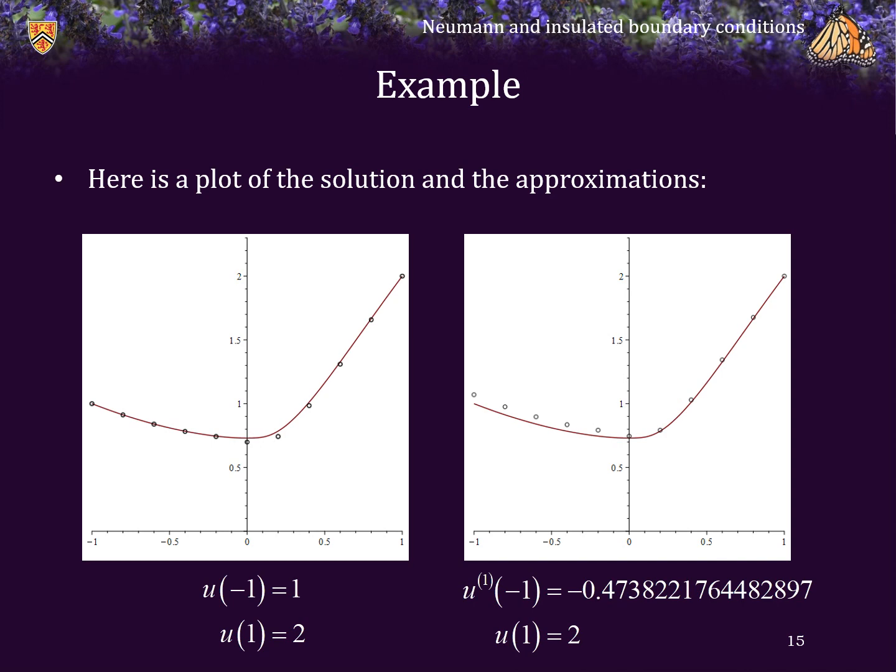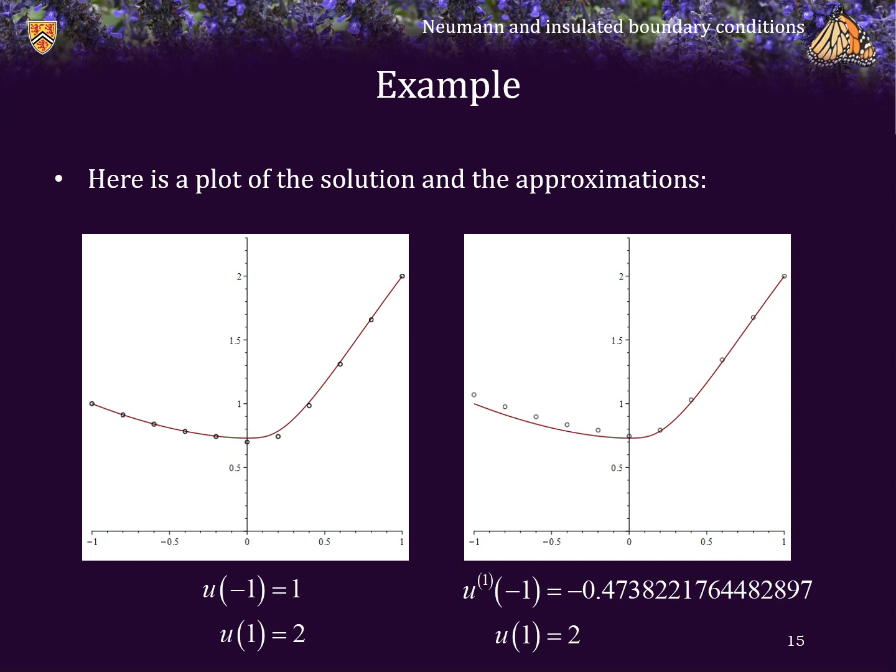The slope you see on the right-hand side was specifically chosen to be exactly the slope of the solution to the problem on the left that we've already calculated. So you can see that the values of the approximation on the left are much better than the approximations on the right. The errors are much larger on the right when we used the Neumann conditions.